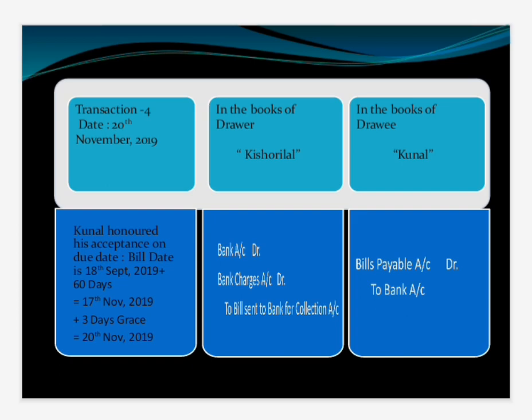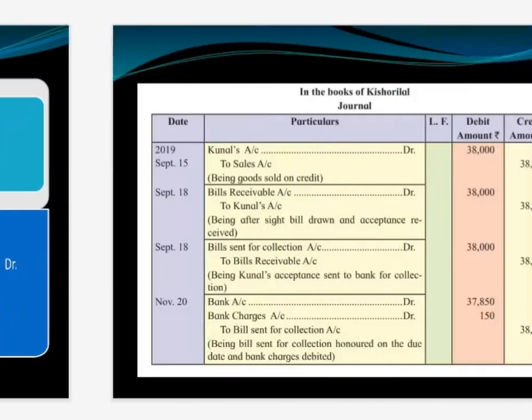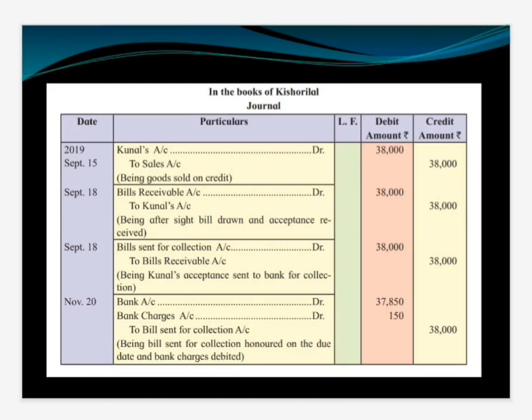Now, this was just for explanation purposes, but actually we have to pass the journal entries in this way. See here, we made 5 columns. First is the date, particulars, ledger folio, debit amount rupees, credit amount rupees.